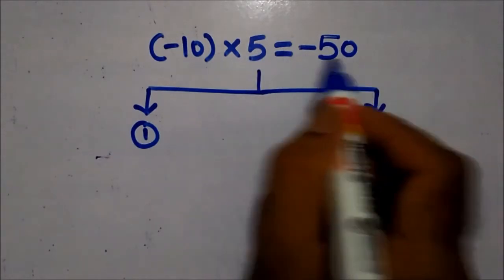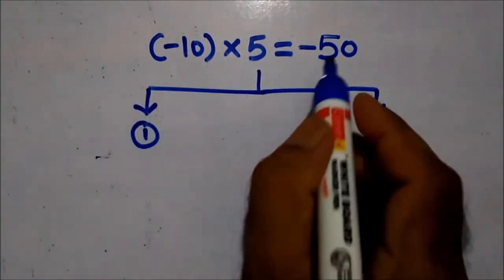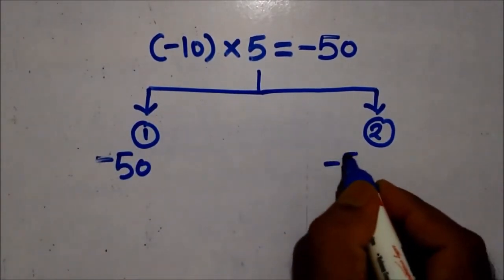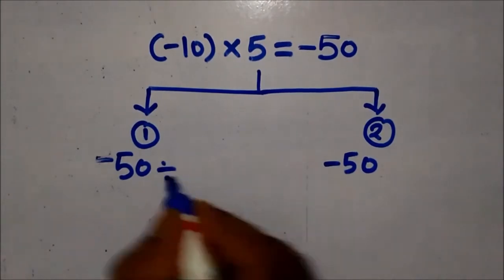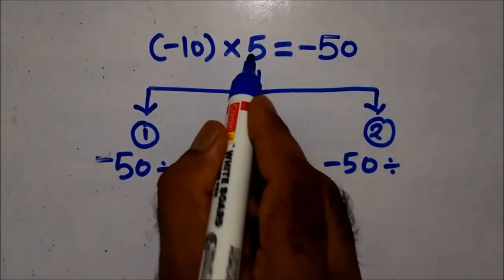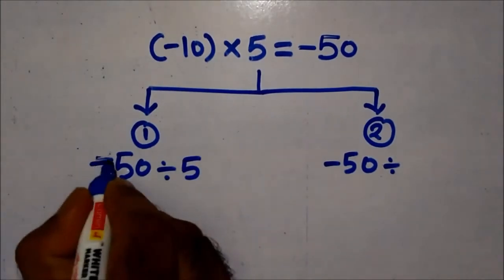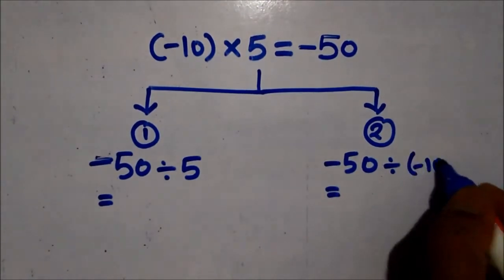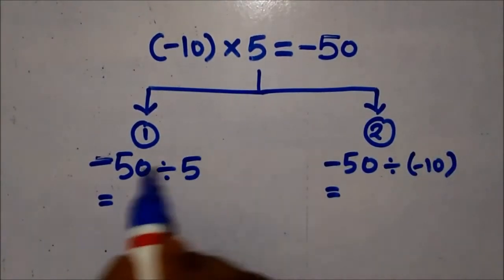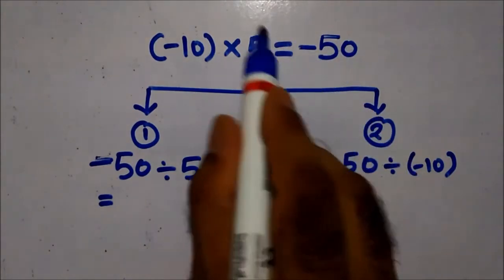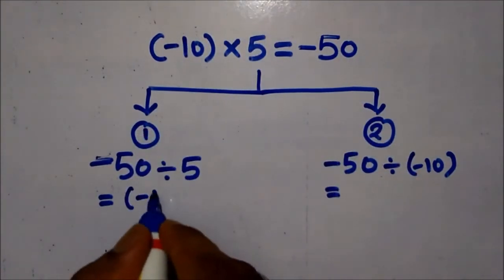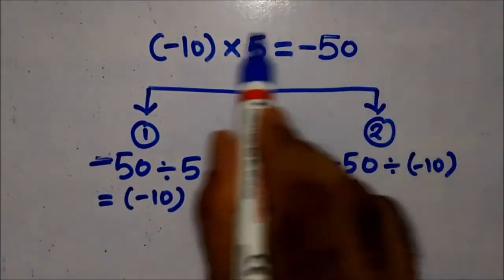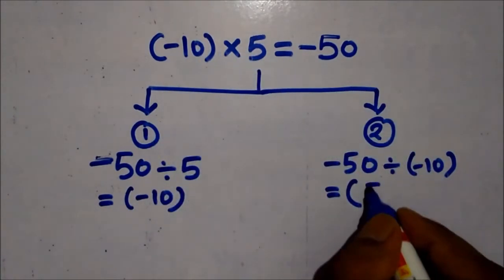Let's represent this statement in terms of division. -50, here also -50, divided by, first we will divide by 5, and second by -10. So when we divide -50 by 5, we will get -10, and here -50 divided by -10, we will get just 5.